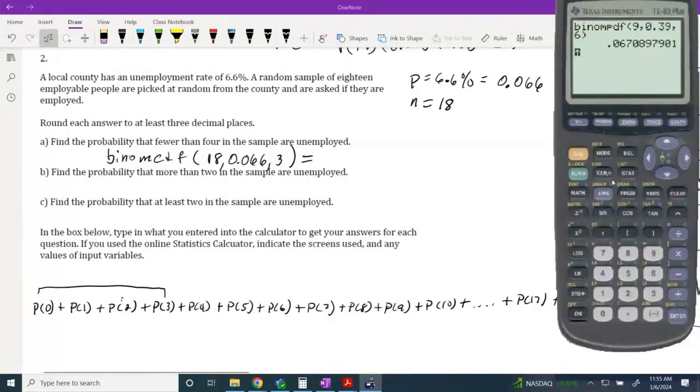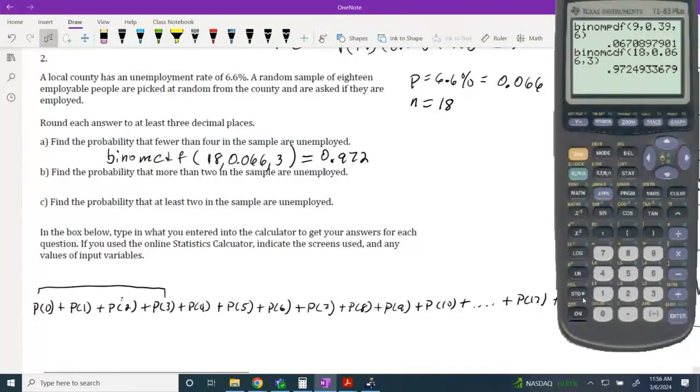I'm going to recall the binomial CDF function. It's 18, comma, 0.066, comma, 3, and we get 0.972. So that's a good chance if you pick 3 people that those 3 people won't be unemployed, right? That's like a 97% chance, which is really close to 100.